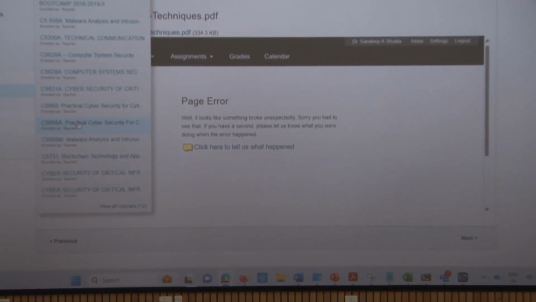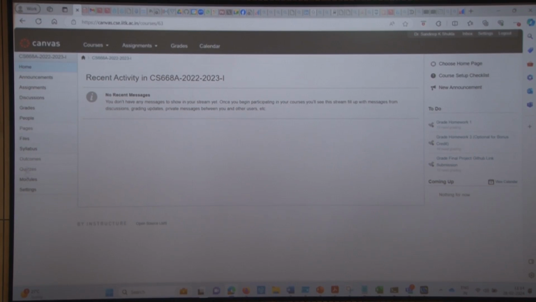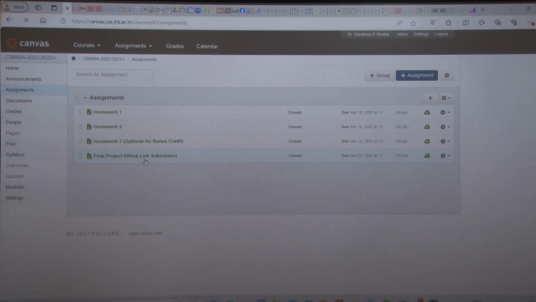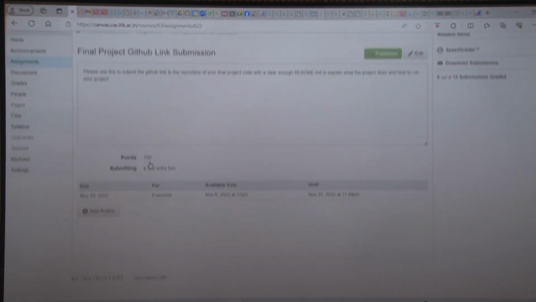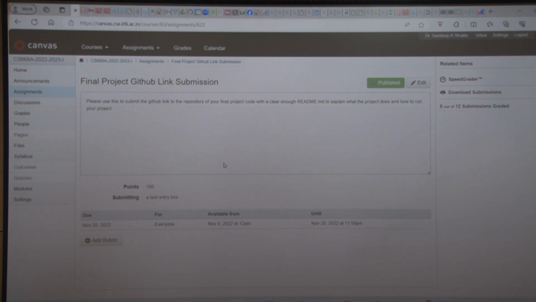Let me see. So everybody submitted a GitHub link.